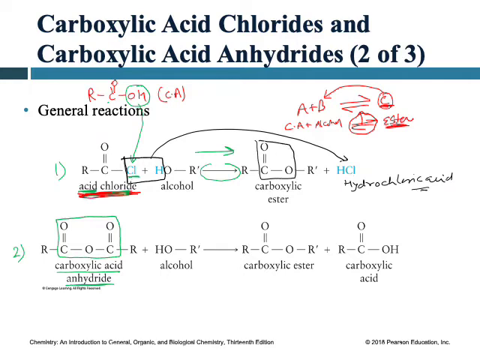Right, the second reaction that we're going to see uses acid anhydride. We'll see how this reaction works. So you have an alcohol. Which kind of bond is this one or this one? These are ester bonds, ester links.